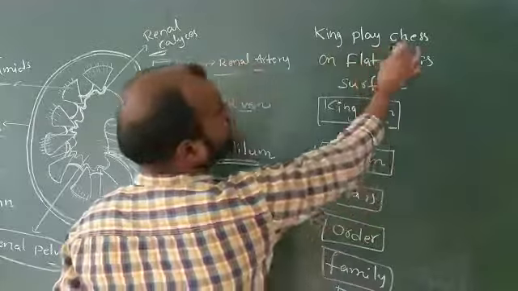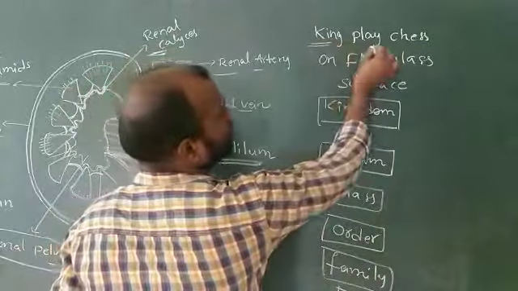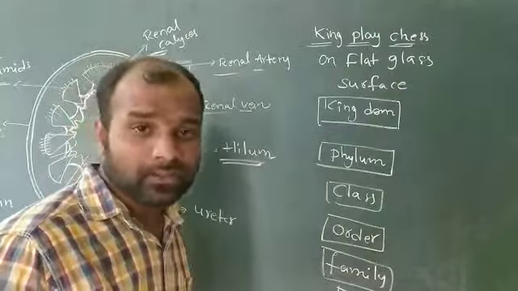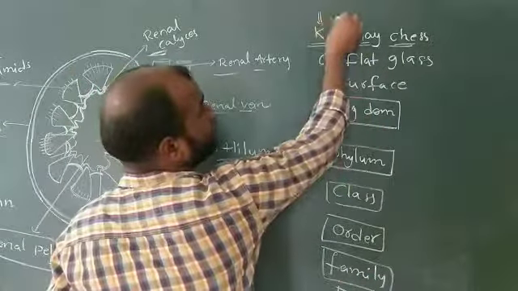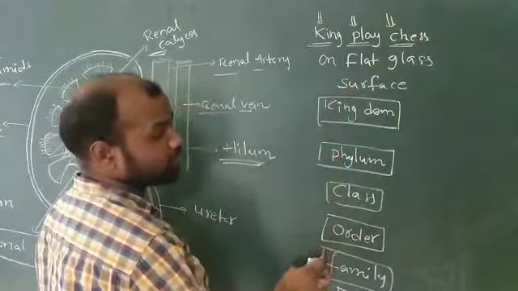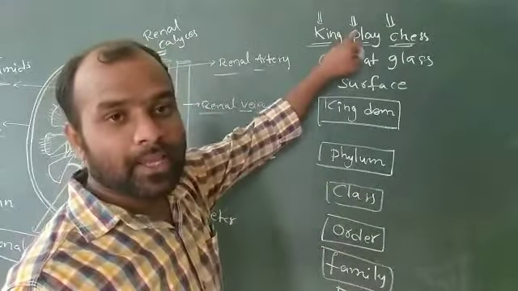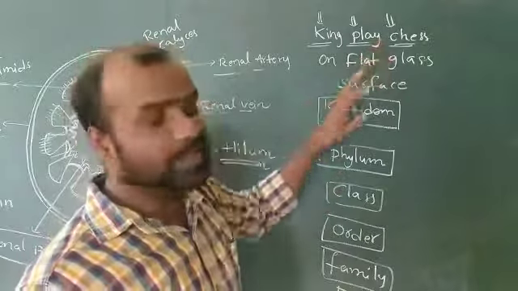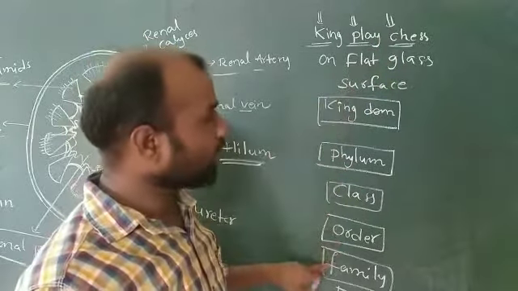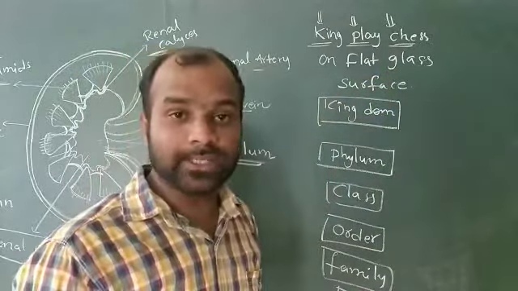In this statement, the first letter of each word indicates the hierarchy of classification. In king, K stands for kingdom, P stands for phylum, C stands for class, O stands for order, F stands for family, G stands for genus, and S stands for species.